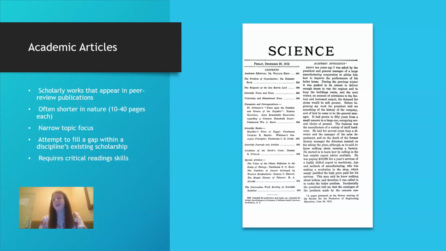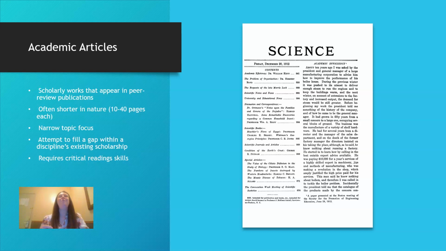Also recall that academic works, including academic articles, attempt to fill a gap within a discipline's existing scholarship. Someone might say, we've done a really good job looking at this through this theoretical lens. We've looked at this topic through a feminist lens for a while. What happens if we look at it through a decolonial lens or a Marxist lens?